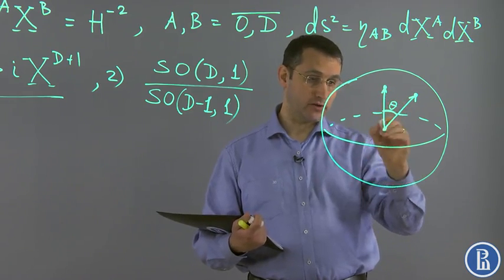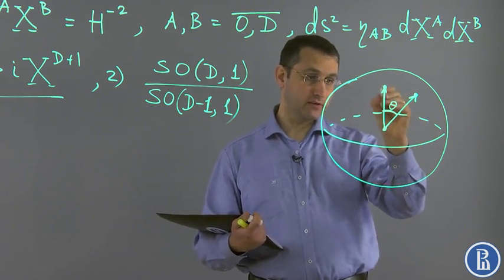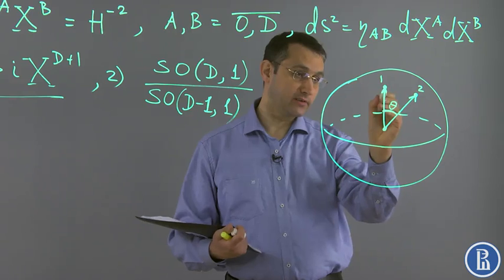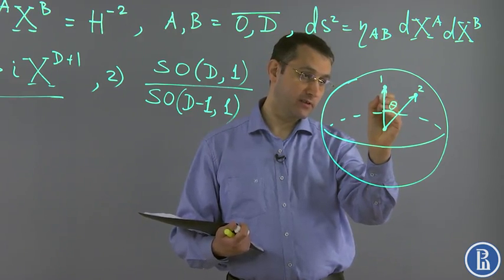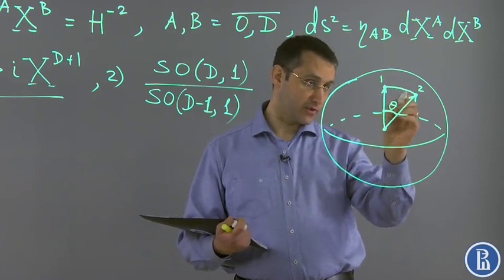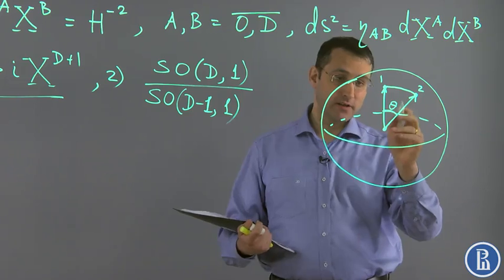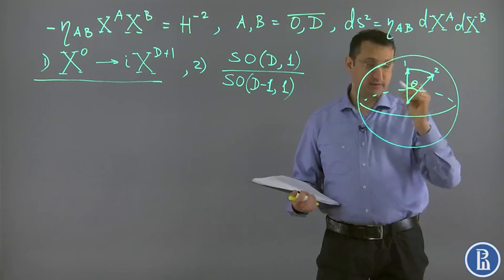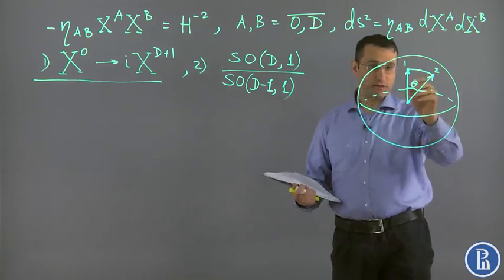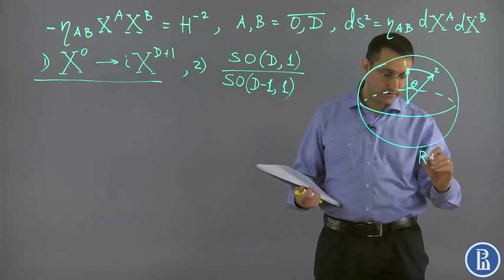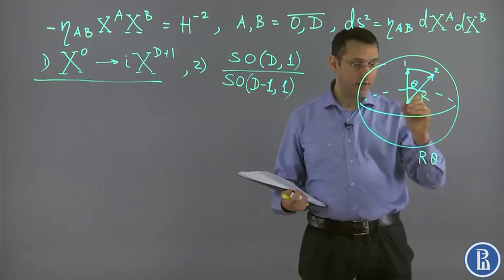So we have our origin, two radius vectors directed to the two points 1 and 2, and the geodesic distance is just this segment. The distance is just this angle measured in radians times r. So the geodesic distance is just r theta, where r is the radius.